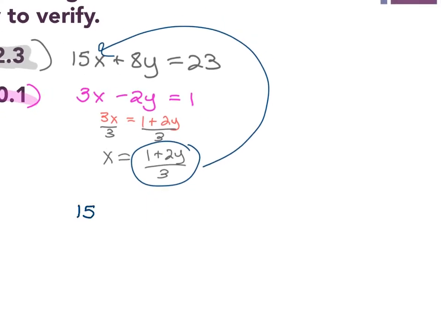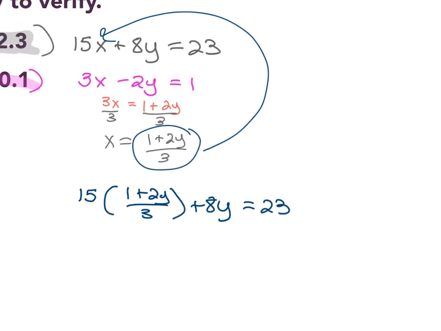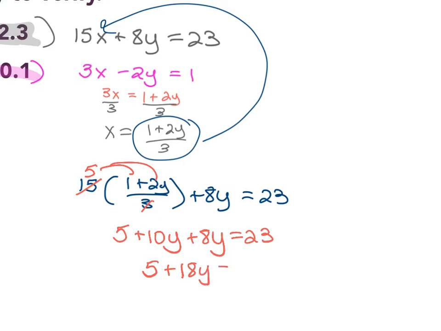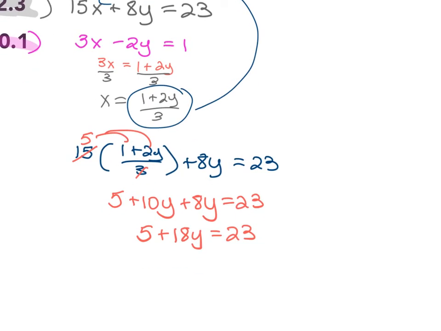So 15 times 1 plus 2y over 3 plus 8y equals 23. 3 goes into 15 5 times, and then I'm distributing 5. So 5 plus 10y plus 8y equals 23. 5 plus 18y equals 23. 18y equals 18, and y equals 1.